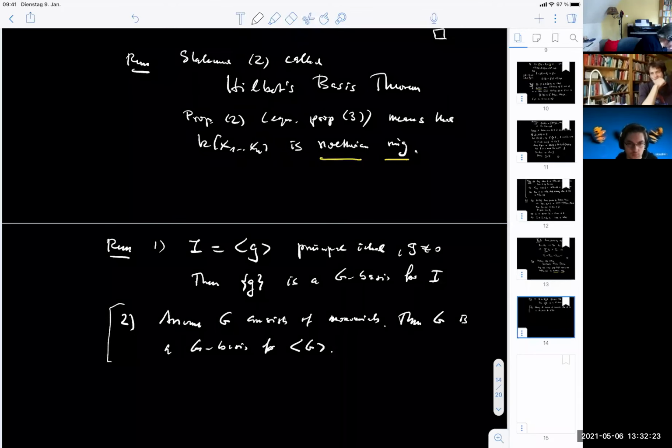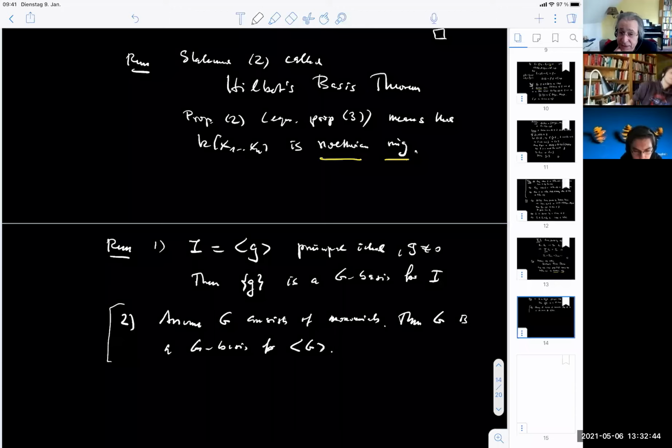What will we do next time? There will be good news. We learned the division algorithm, and I said one bad thing about it is that the remainder is not even uniquely defined.